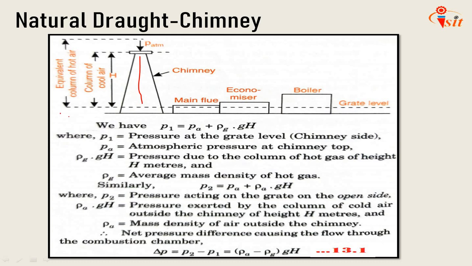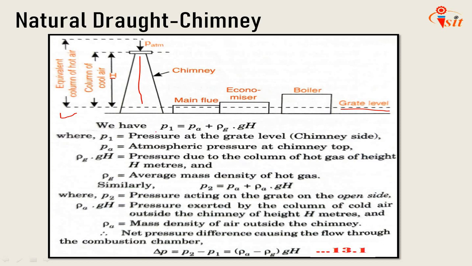Here the figure shows the schematic arrangement of a chimney of height h meters. The height of the chimney is h above the grate, and the dotted line indicates the grate level.